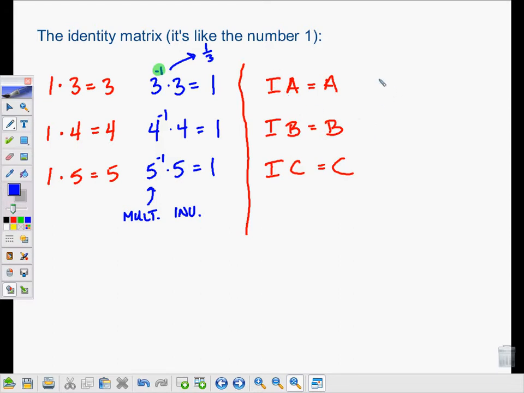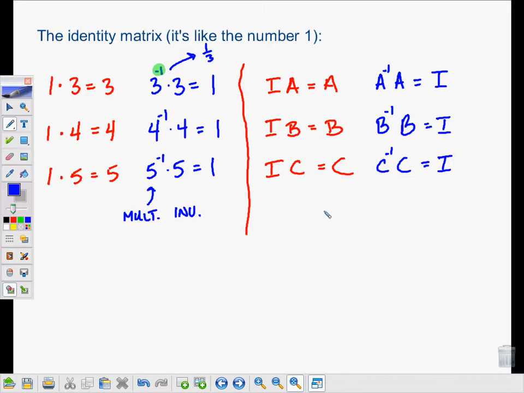That's the result of taking the multiplicative inverse of a matrix times itself, and that will give me the identity matrix. Again, so the inverse of B times B gives me the identity matrix for B. Multiplicative inverse of C times C gives me the identity matrix for C.